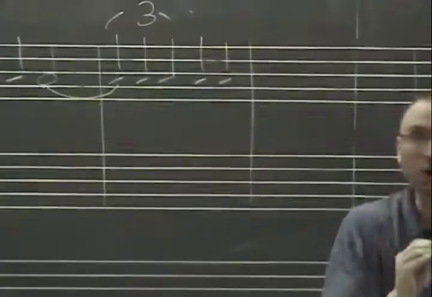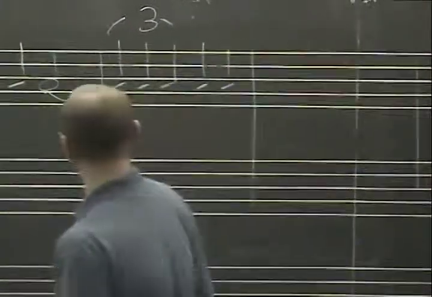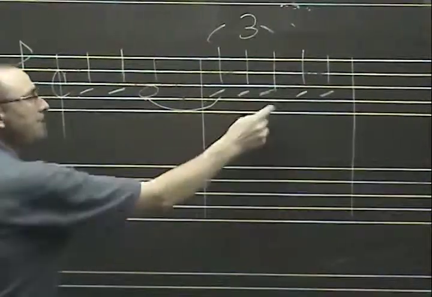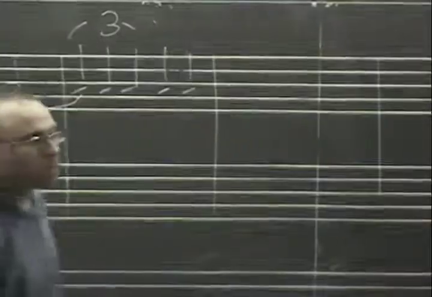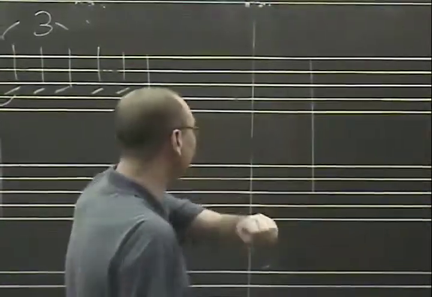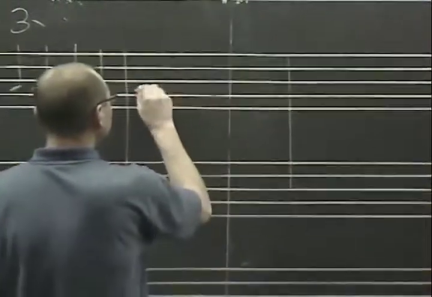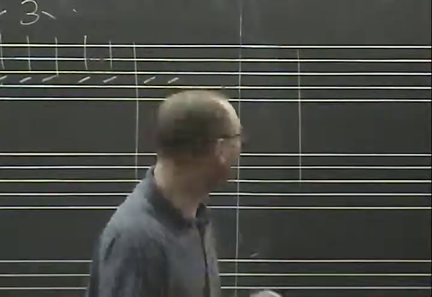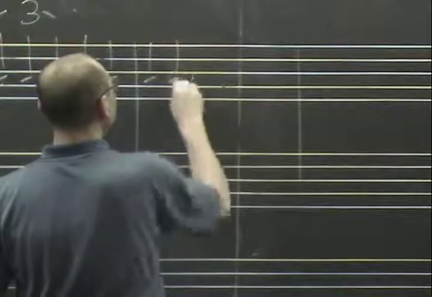Okay, let's listen to this part. Perhaps you want to go back and listen again. Downbeat, measure 3. Once again, only 2 quarter notes.